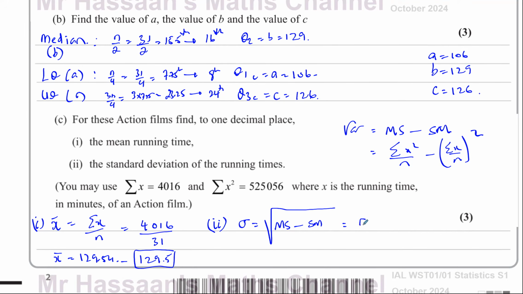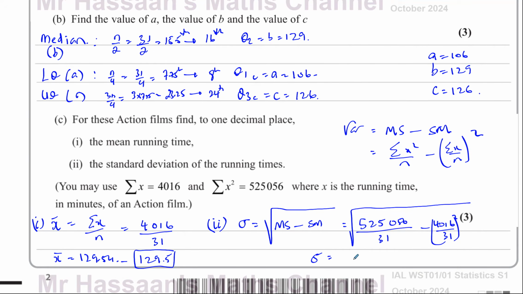It's going to be 525,056 divided by 31. That's the mean of the squares, minus the square of the mean, which is this number here, 4016 over 31. That has to be squared, and all of this should be under the square root.